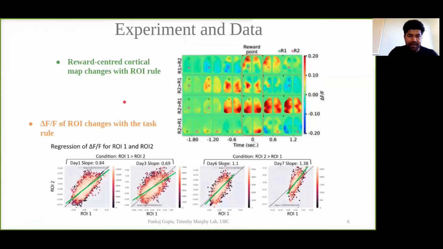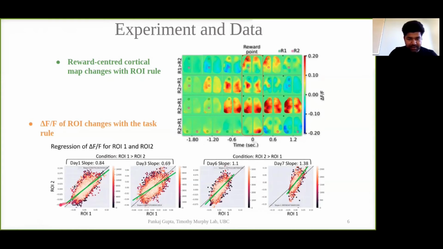We also found some evidence indicating the brain ROI activations change with the change in task rule. We did linear regression on the ROI DFF data and interestingly found that the slope of the regression is shifting towards the ROI in the rule. For example, here the left two plots are for the condition RY1 greater than RY2.